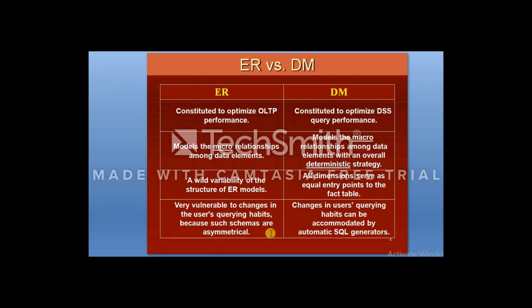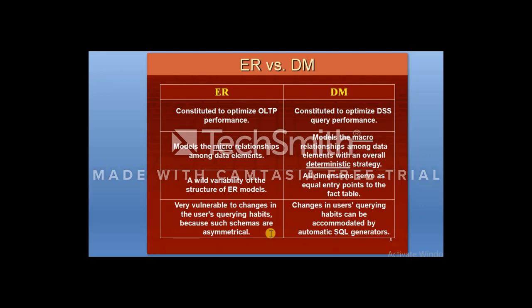But inside dimensional modeling we also create entities, but we name them dimensions. If there are multiple hierarchies available inside a dimension, we do not create multiple entities; we create one dimension with all the hierarchies inside it. So we make the entities based upon a strategy.